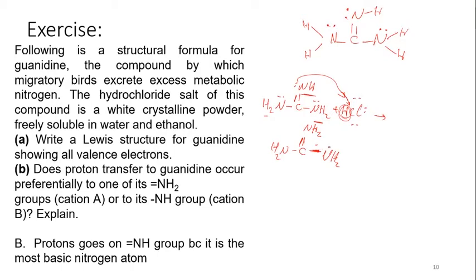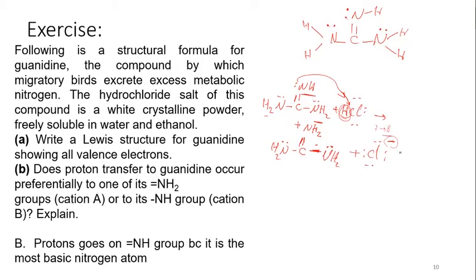My two non-bonding pairs are still here, my two non-bonding pairs are still here, but here I don't have them, and I have instead two hydrogens, which means 1, 2, 3, 4, I'm missing one electron, so I will write a positive charge on the nitrogen. And for the chlorine atom, like I said before, I will draw the negative charge, because I started with 7 electrons and ended up with 8 electrons.